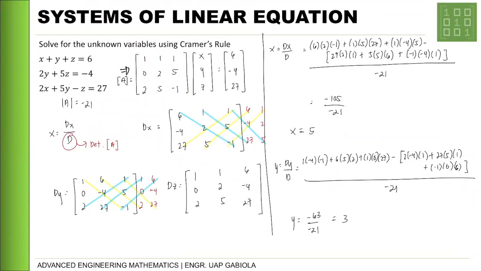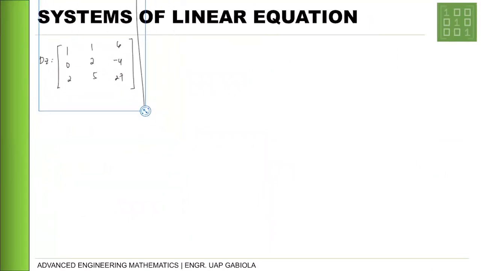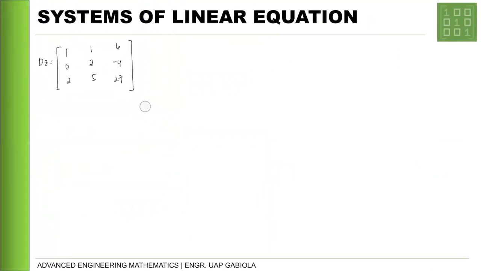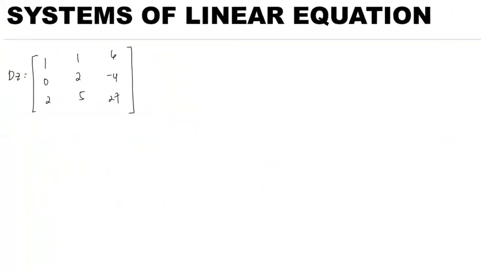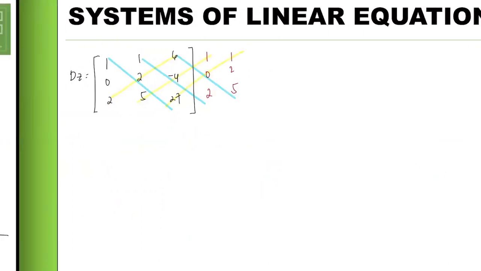No? Then last natin, kunin natin si z. Okay. Ito. Kunin natin yung determinant niya. So we have 1, 0, 2, 1, 2, and 5. So z is equals to dz over d.